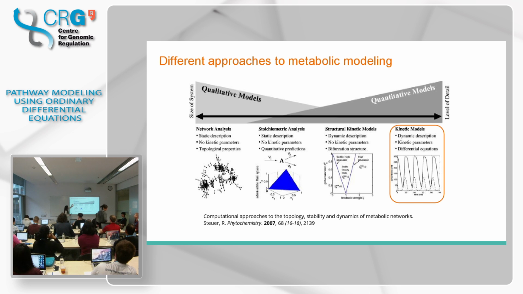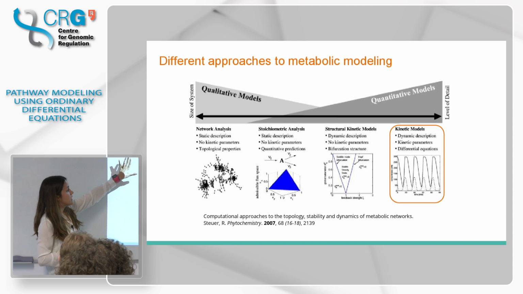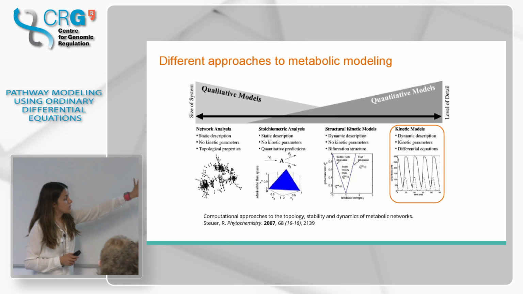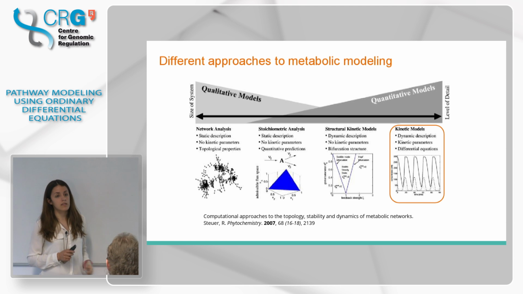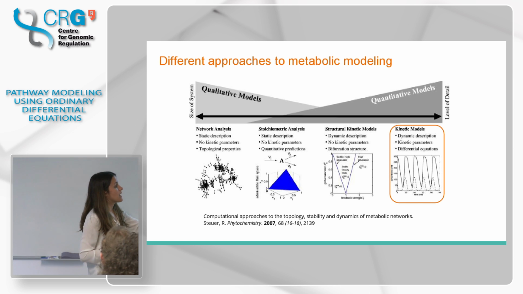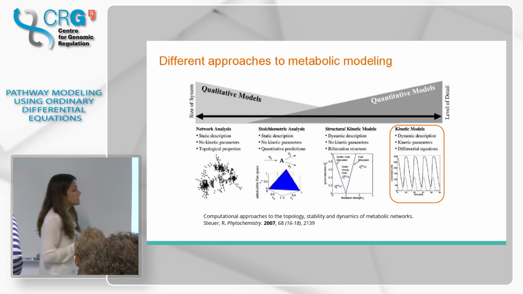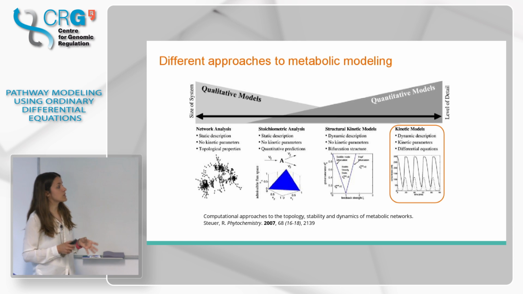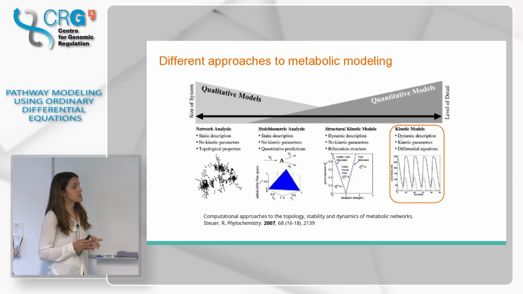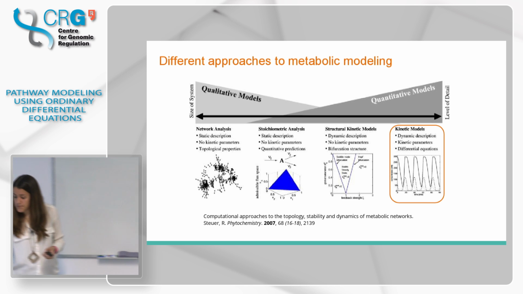On one side, we have qualitative models such as networks that can be very big, represent very big systems in biology, but with very little detail. On the opposite side, we have kinetic models. These kinetic models have a lot of detail. We can have ODEs or also stochastic models, but they're limited to very small systems. So today we're going to focus on these ones.